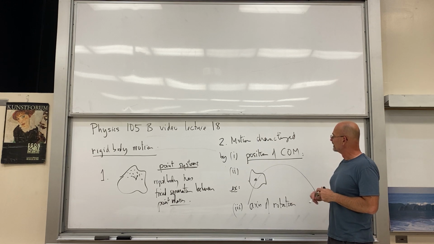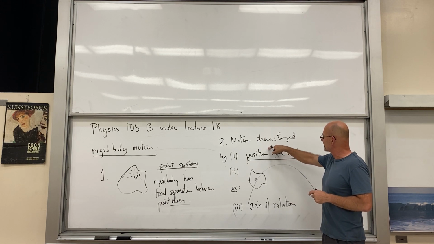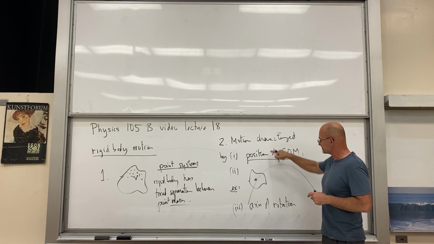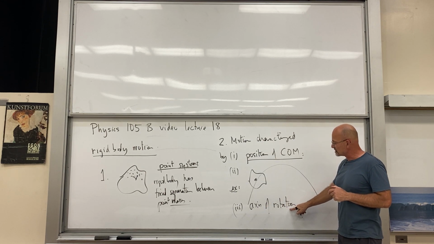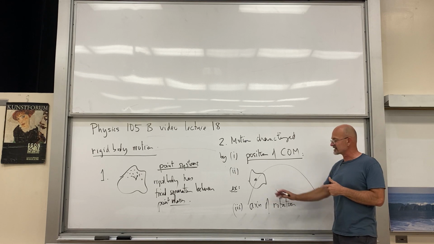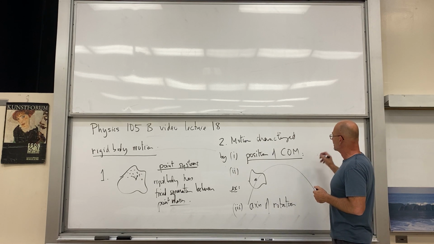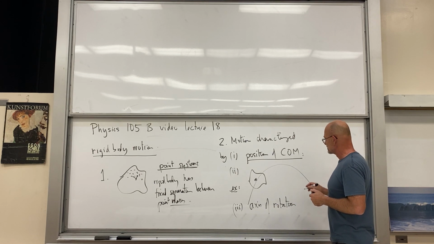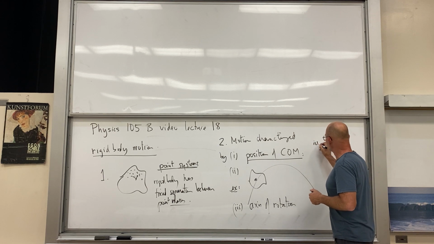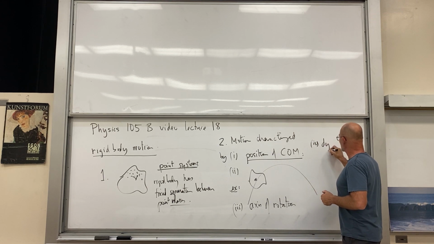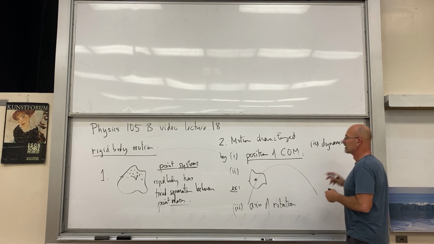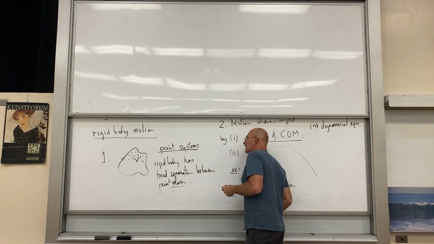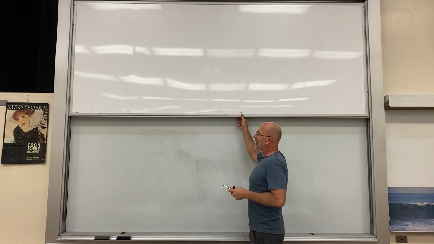So we're going to talk about locating the center of mass, and then determining the axis of rotation and the dynamics about an axis of rotation. So 3, and then I could say 4 here. We'll get to the dynamical equation. Good, so let's look at a couple of interesting center of mass problems.